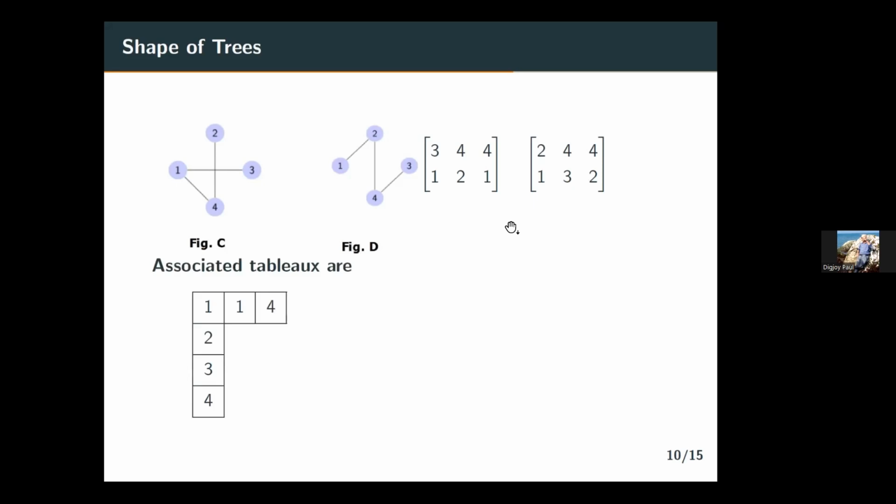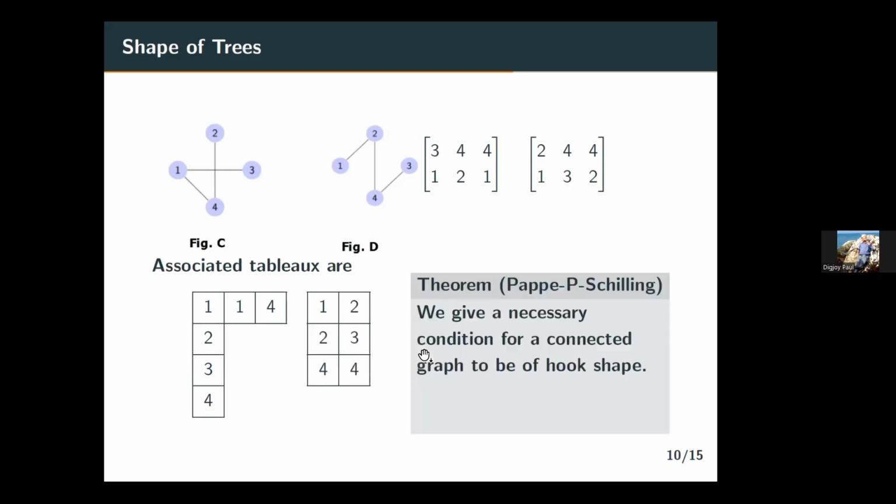The associated tableau for the first tree has a hook shape, but the second tree doesn't have a hook shape. So we conclude that a tree may not always have a hook shape. So we gave a necessary condition for when a connected graph has hook shape. And in particular, we say that the only connected hook graphs are trees. That is our first result.